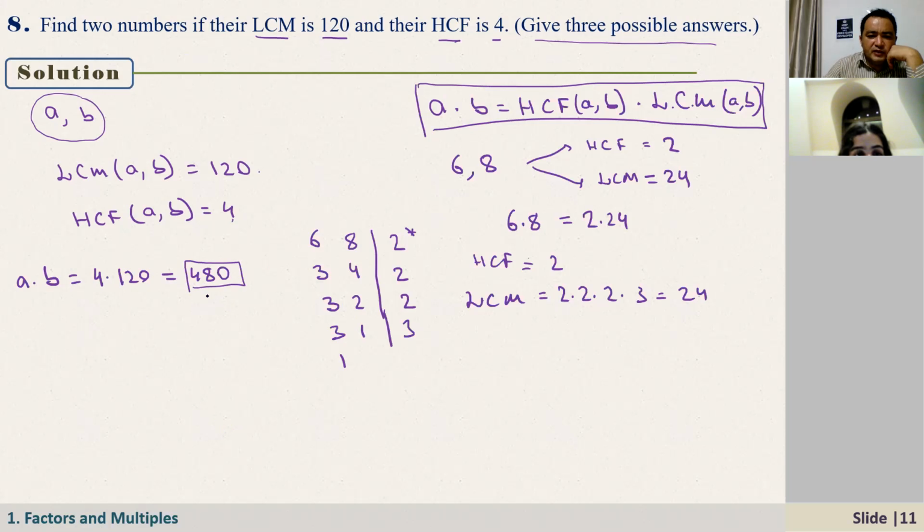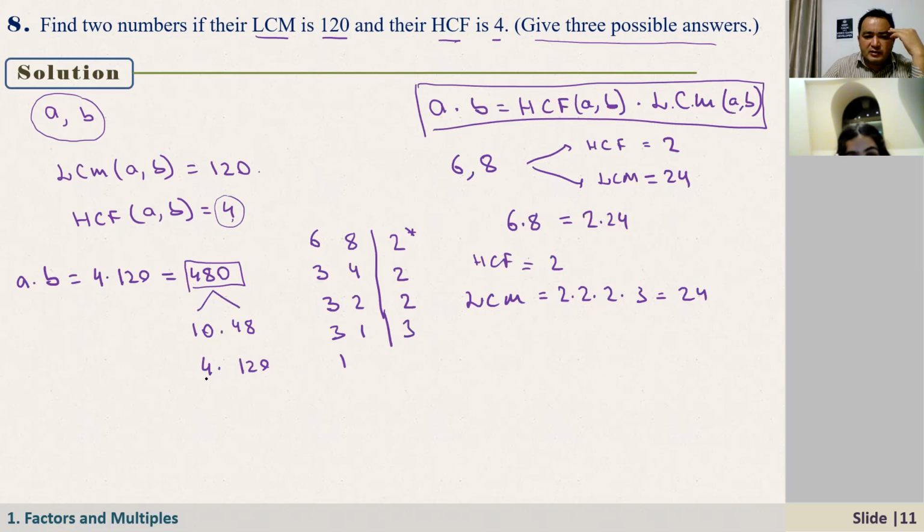For example, in how many different ways can I write this? Can I write it as 10 times 48? I can, but 4 is not the highest common factor of 10 and 48, because 10 is not divisible by 4. It doesn't work.